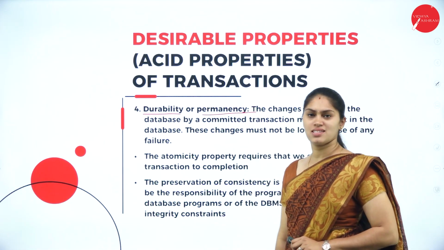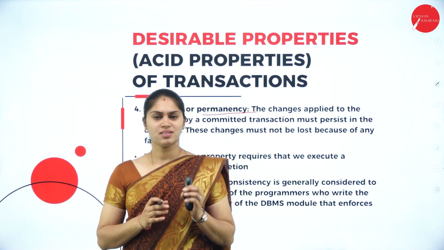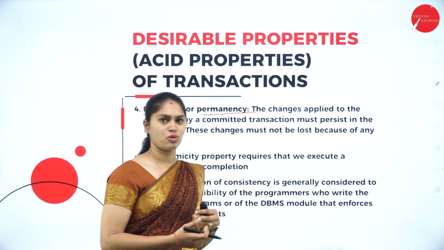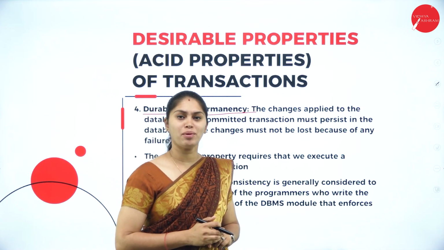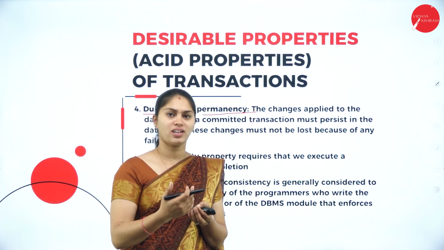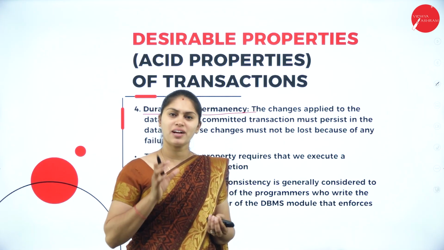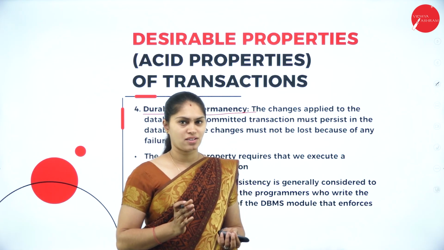Durability, or permanency. If you go to any online transaction mode, there you have a history. Why? Because that shows which are the committed states, the aborted states, or any failed transactions. You get every piece of information with respect to the transaction.